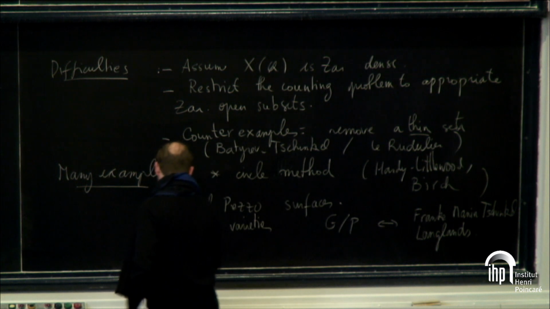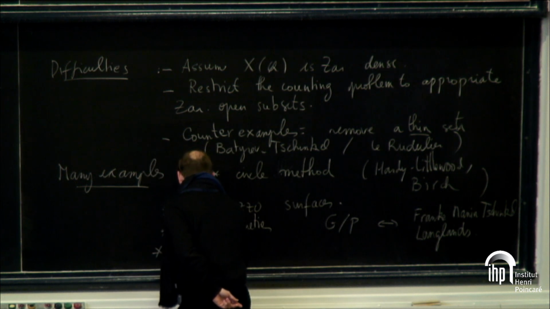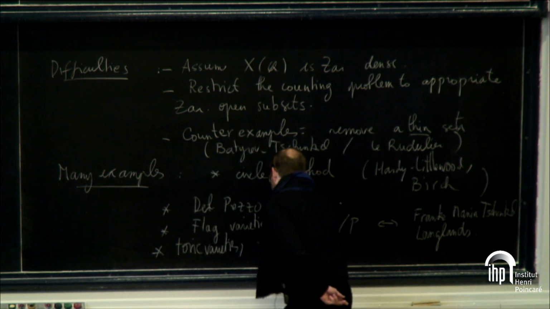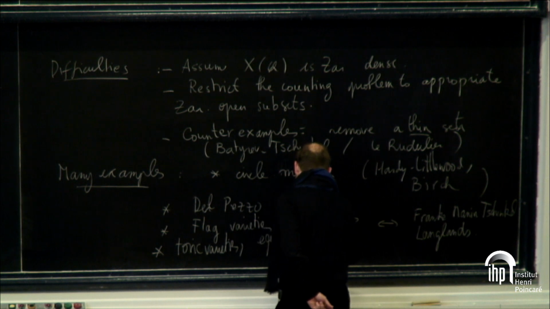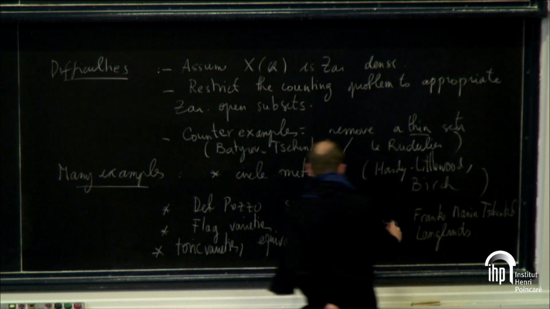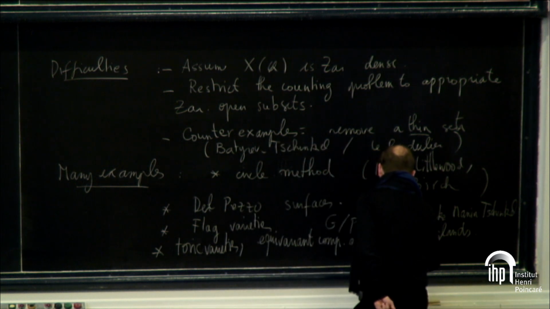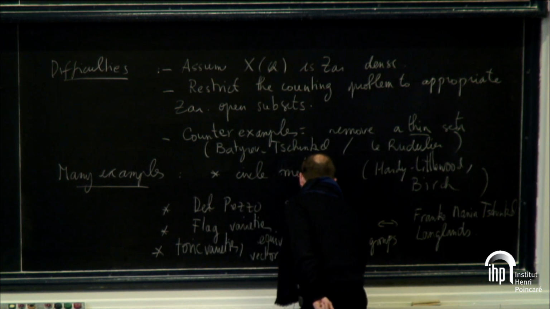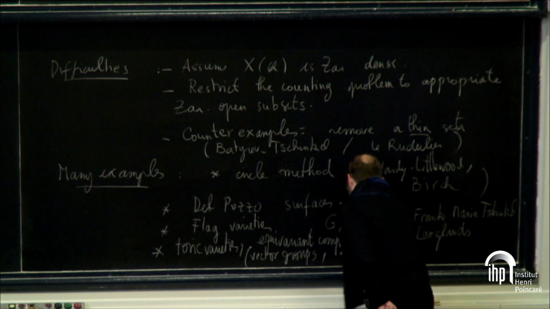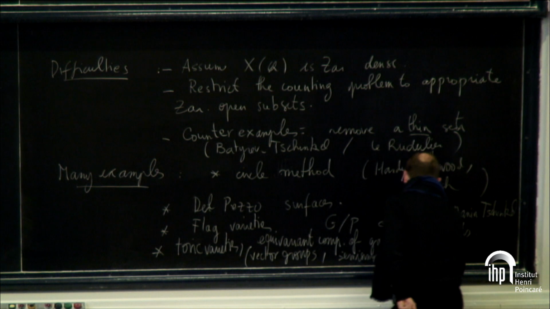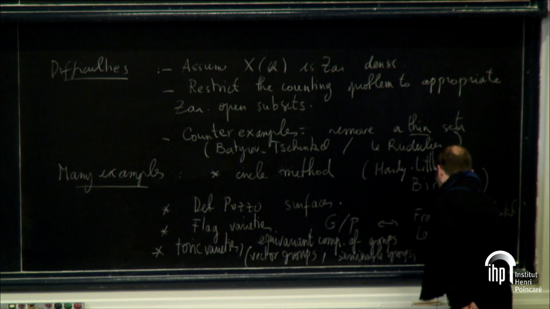And the last case to be quoted is toric varieties, or more generally equivariant compactifications of some groups. For groups, you could take vector groups or semi-simple groups, and also some nilpotent groups.